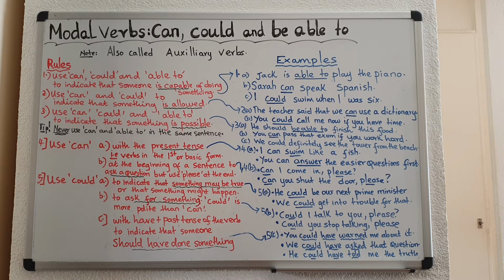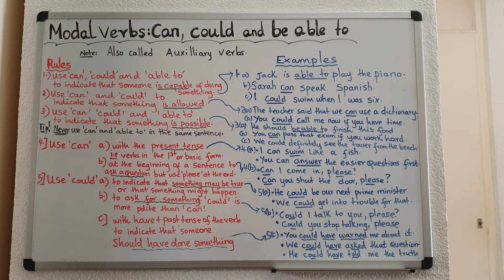Now, remember, modal verbs are also called auxiliary verbs. For you to be able to do a test on modal verbs and pass it, or to be able to use modal verbs in your day-to-day life, which is even more important, there are certain rules that we have to follow.